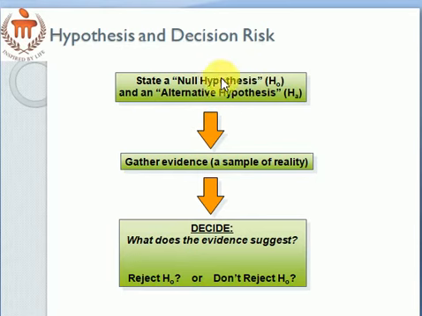Okay, the next step is to gather the evidence. That means you have to collect the data. For example, I have said that the sample mean diameter of the shaft is equal to 15. In that case, first I have to collect the data of the shaft. I have to go to the production line and measure all the shafts that I am taking into the sample.